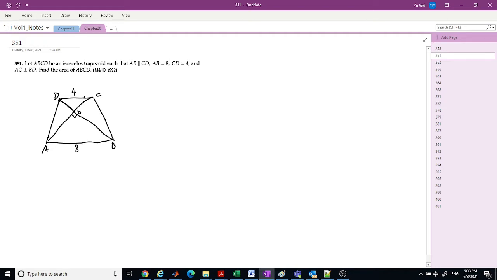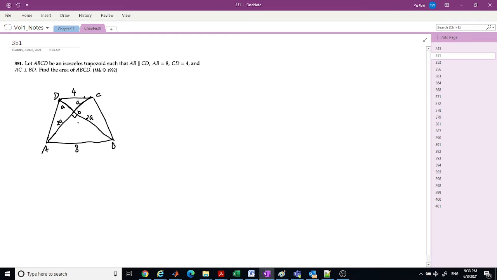Okay, so what we can see is triangle COD is similar to triangle AOB, and the ratio is 2, so this is 2A and this is A. We can parameterize all these sides, and once we parameterize them, we try to find the area of ABCD.